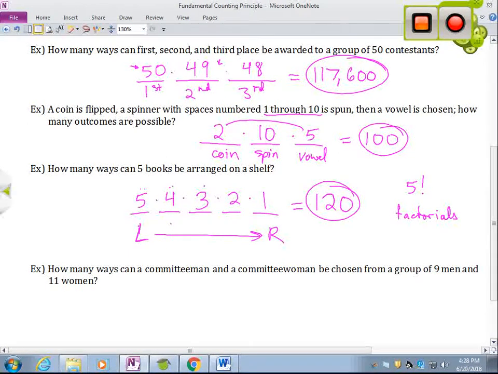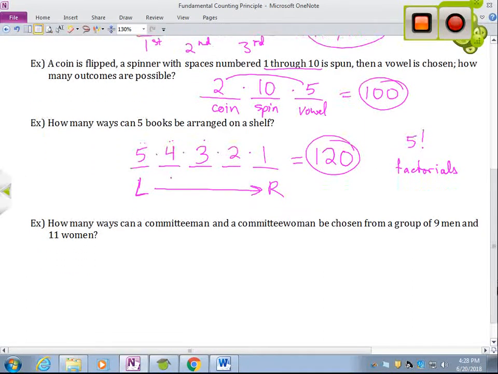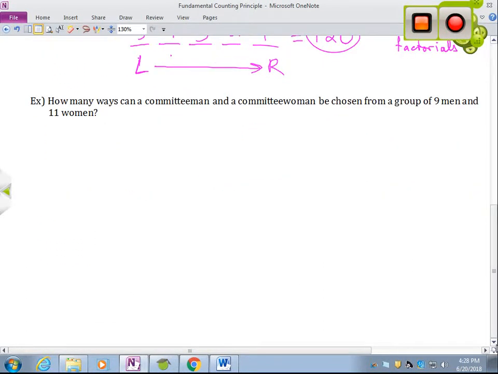But there is some interesting stuff that happens, and they are super useful when you start getting into really huge numbers. Like if we had 500 books and we wanted to arrange 70 of them or something like that, I really don't want to multiply 500 times 499 times 498. I don't want to do that by hand. So factorials give us a nice, easy way to do that. Okay? Again, not necessary, but is interesting stuff if you want to check it out.